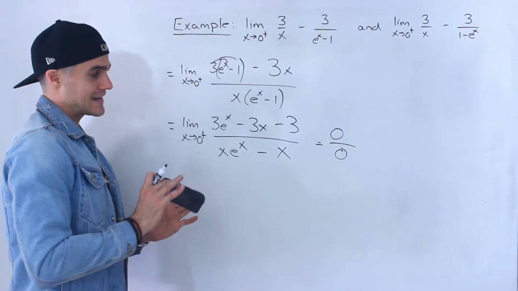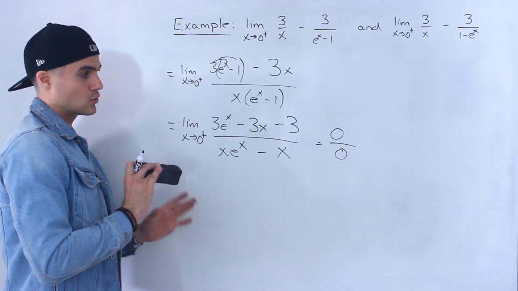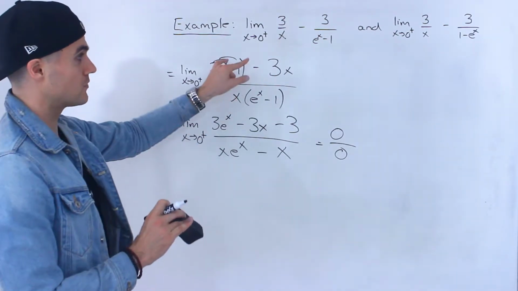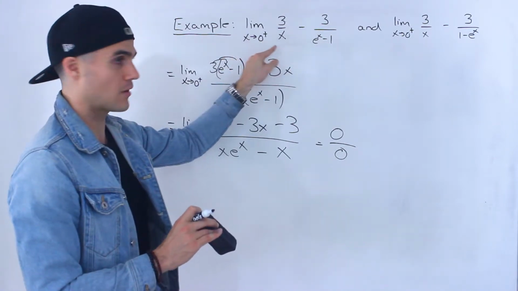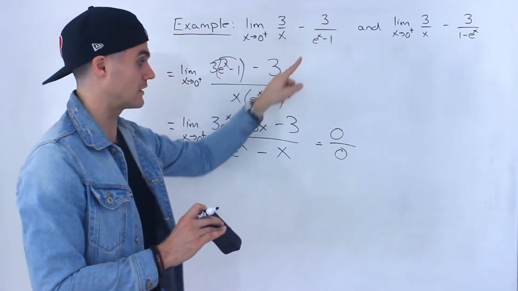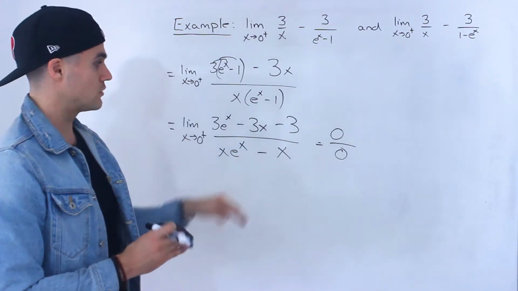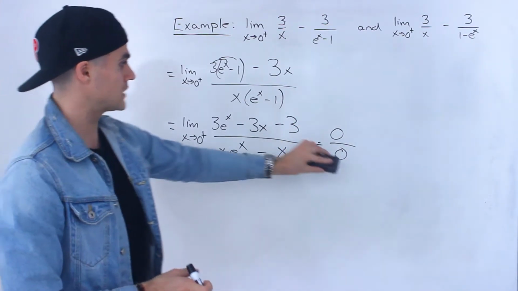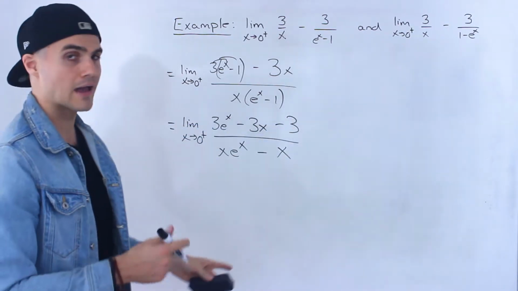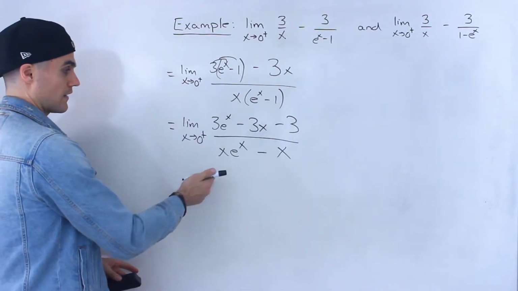But now notice that it's an indeterminate quotient. So it went from being an indeterminate difference, positive infinity minus positive infinity, to an indeterminate quotient. And so now, because it's in that format, what we can do is try to apply L'Hopital's rule on this.